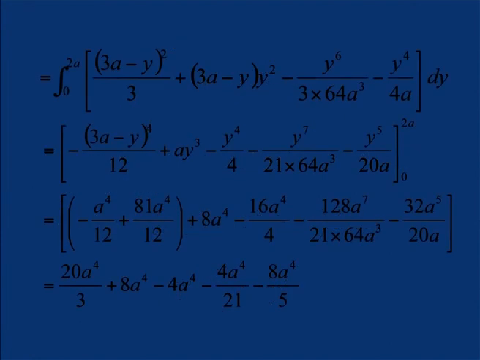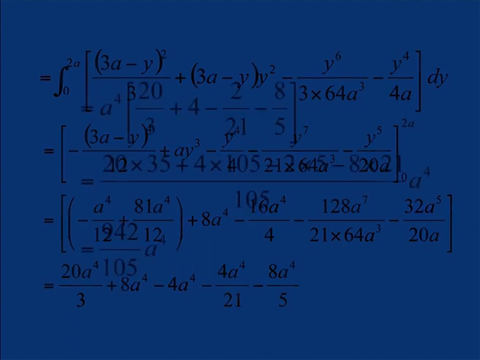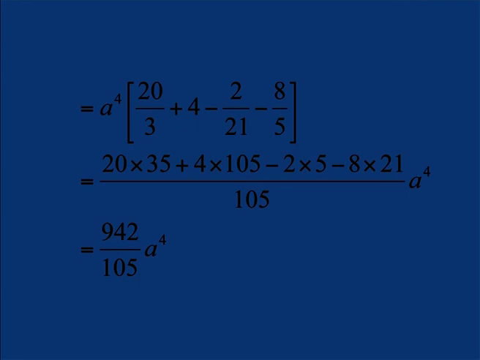On simplification, after performing the second integral with respect to y, we find 942 upon 105 a to the power 4 as the total value of the integral.